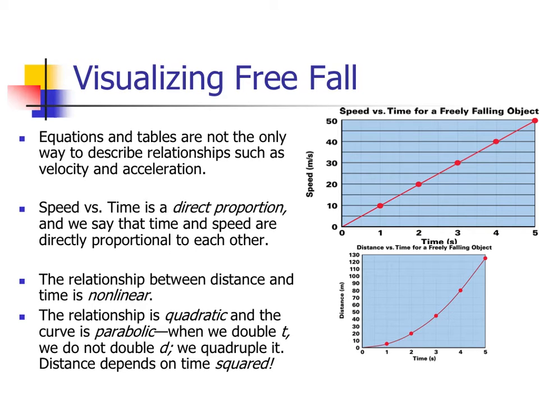The slope of a speed time graph should always only be a straight line. And when an object is falling, it is always falling at a constant acceleration. So the constant acceleration equations do come into play.